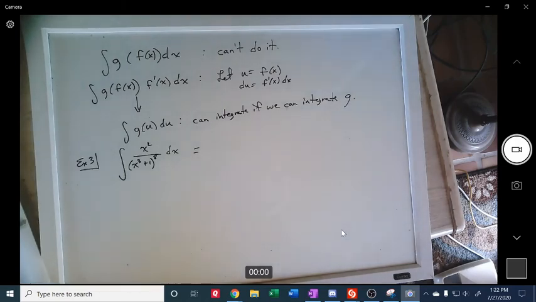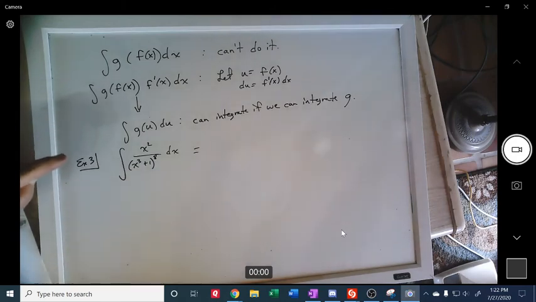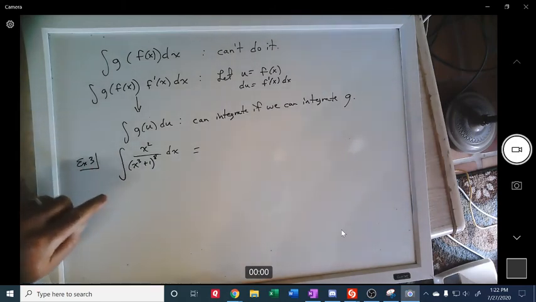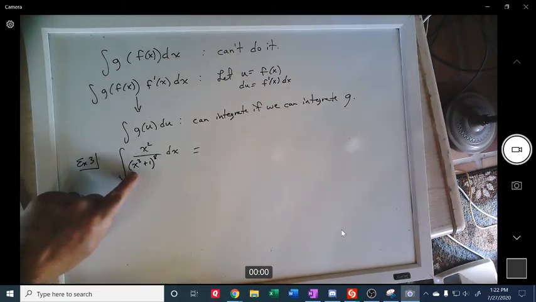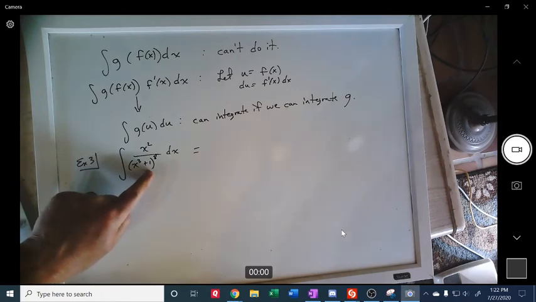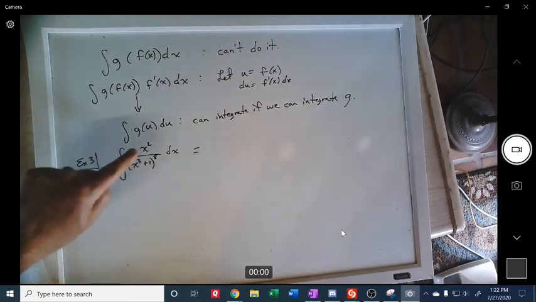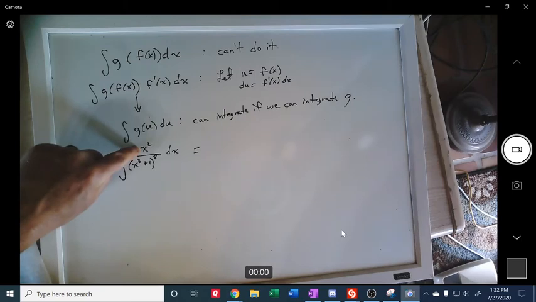We are going to need to do a u substitution here. And we're going to need to let the u be either x cubed plus 1 or have it be x squared.